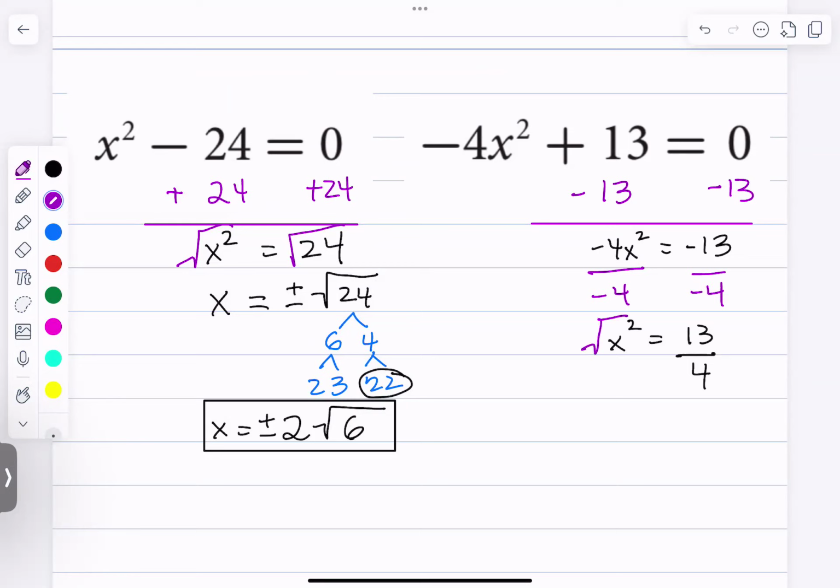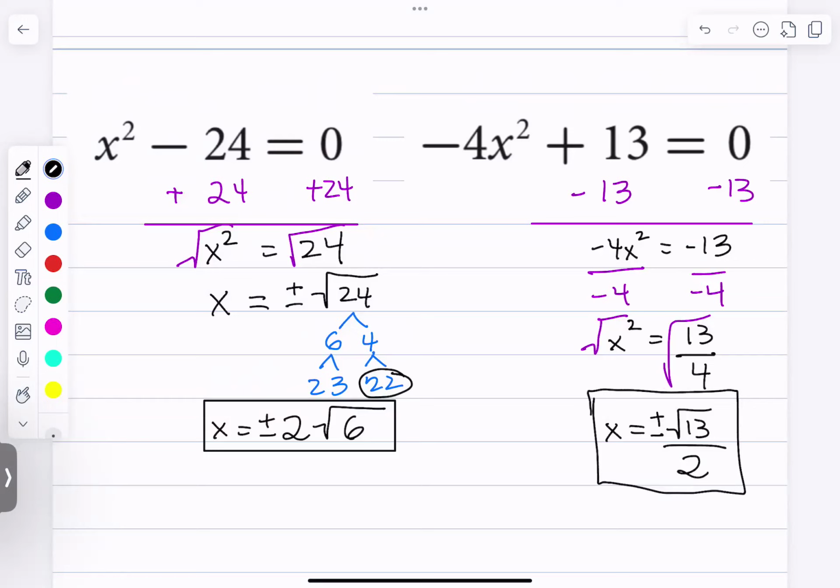Then I can square root. Then I have x equals the square root of 13 over square root of 4 is 2. Oh, I forgot the plus or the minus. And there is my answer there. Okay? That's somewhat of a review, right?